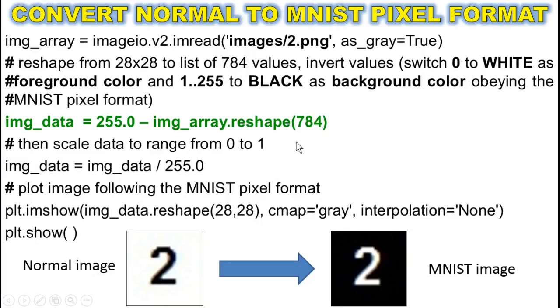After reading an image file, the line img_data equals 255 minus img_array.reshape(784) will invert pixel 0 to white as foreground color and pixels from 1 to 255 to black as background color, and then scale the pixel data from 0 to 1 and display the image on the monitor screen.